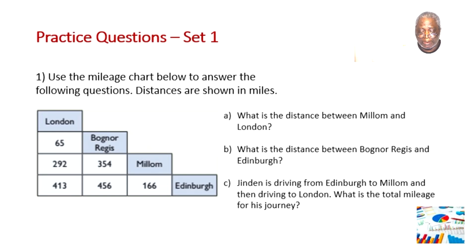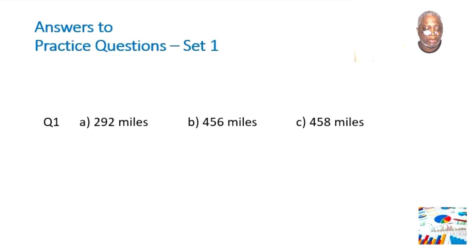What is the total mileage of his journey? In this case, you will have to add two distances, but you have to find them correctly on the table. And here is your answer. Question 1A, 292 miles, B, 456 miles, and then C, 458 miles. Check your answers. Where you go wrong, find out where you went wrong and make your correction.